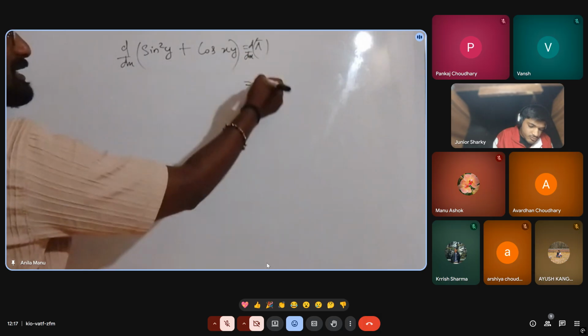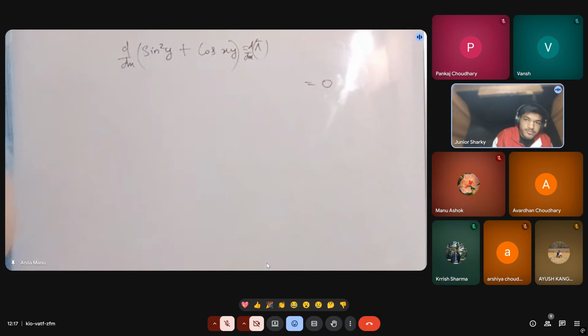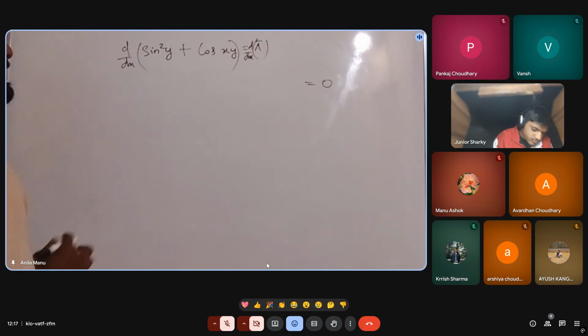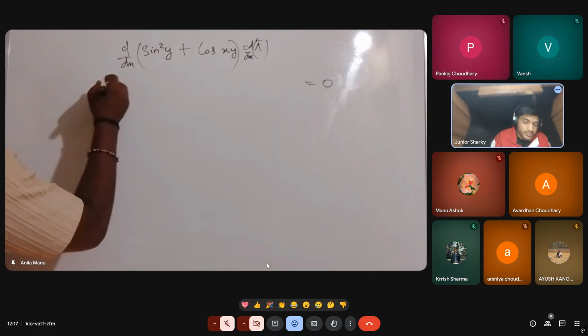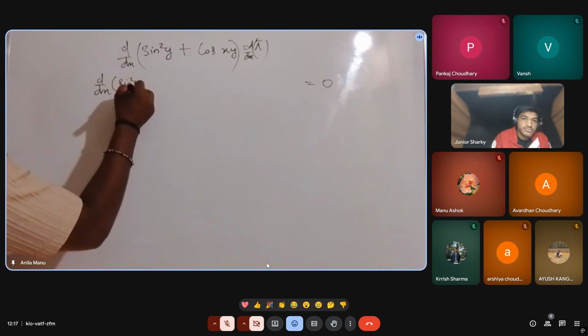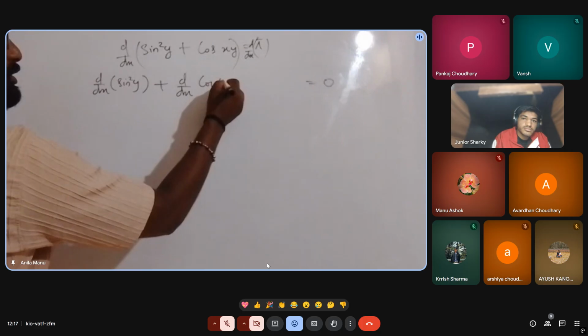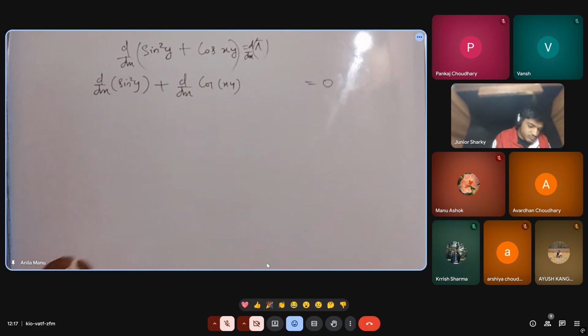Derivative of pi, you know pi is a constant, so it is 0. Derivative of a constant is 0. On the left side, d by dx of sine square y plus d by dx of cos xy.